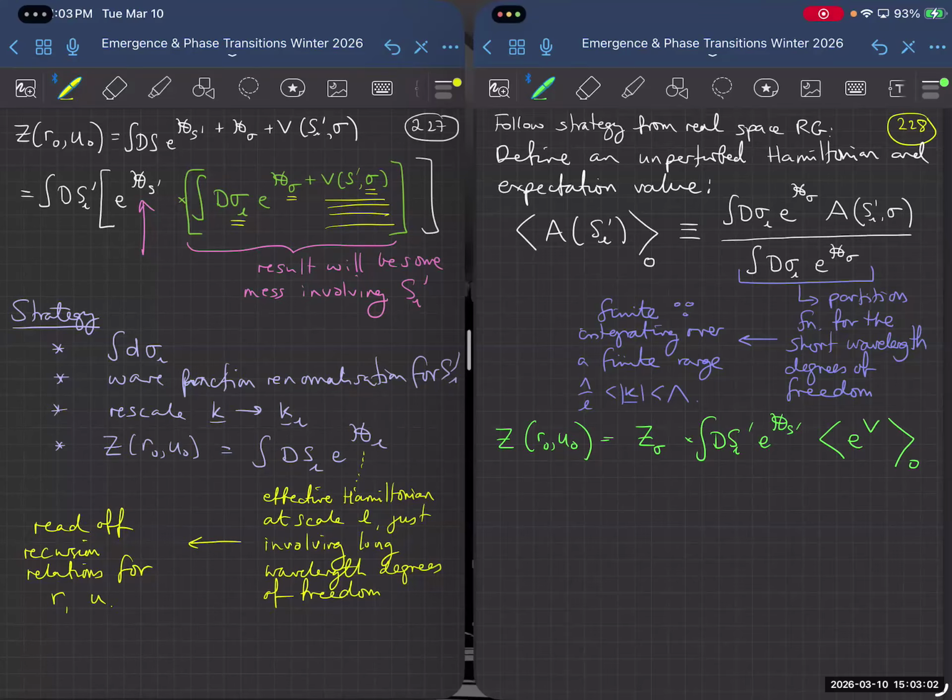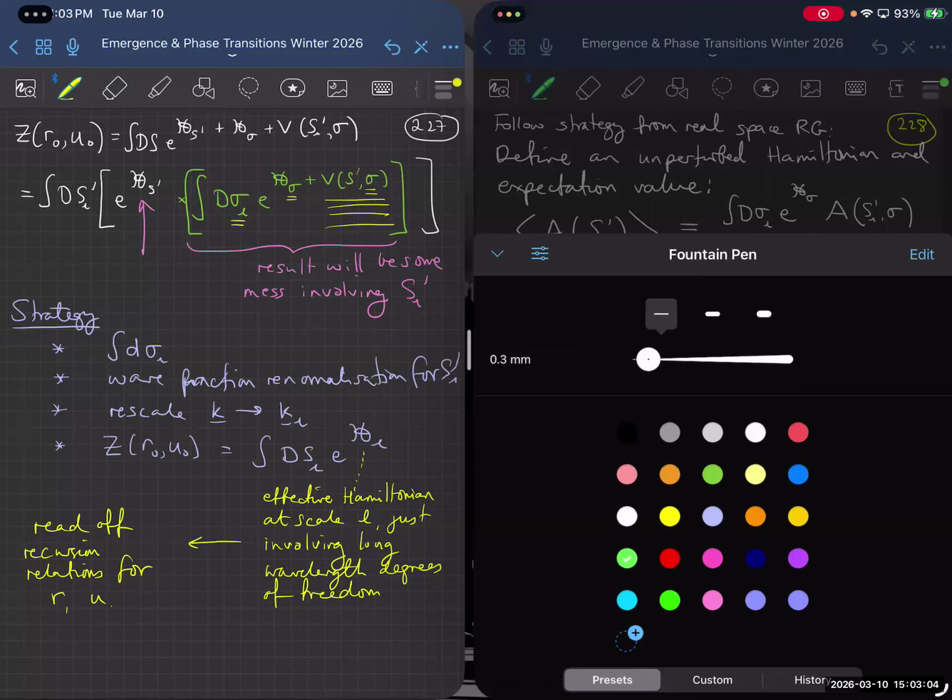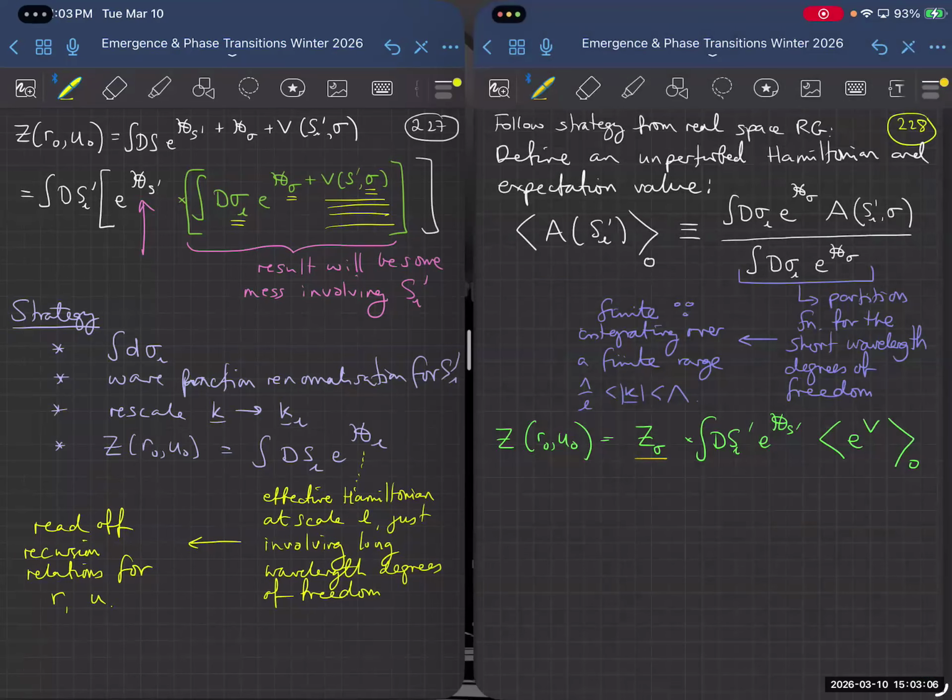Okay, let me write down exactly what these different terms are, so you have it in your notes. This term over here is just Z sigma, and it's just a function of r naught.